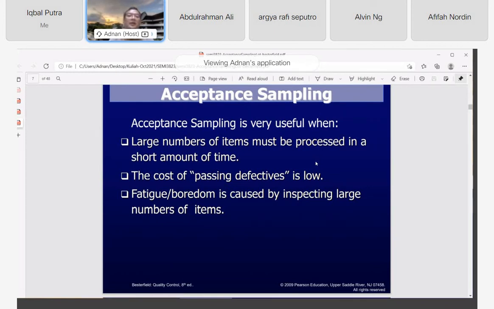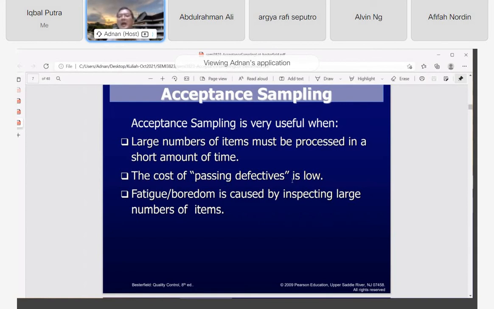Also, the cost of passing defectives is low. Sometimes we cannot guarantee that everything we produce is of good quality, because we do inspection based on sampling, but we allow some defects to go into the market.